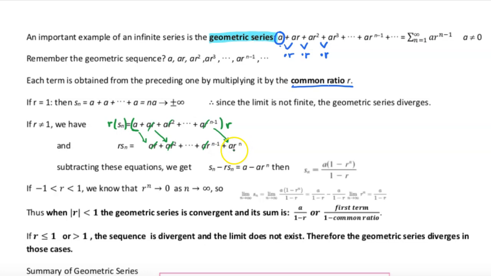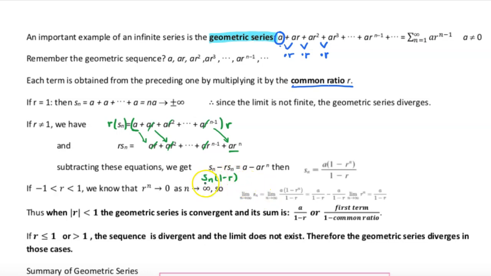And for the last term in the second version of the equation, we just have a minus ar to the power of n. Then if I want to isolate this s sub n, I can just factor it out on the left-hand side. If I factor out an s sub n on the left-hand side, I'm left with 1 minus r.